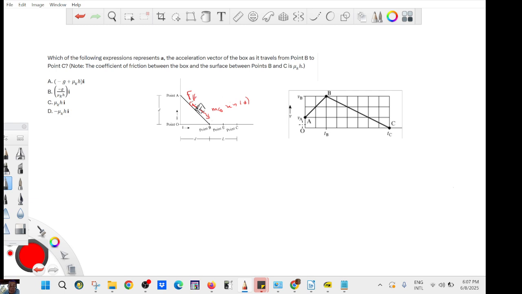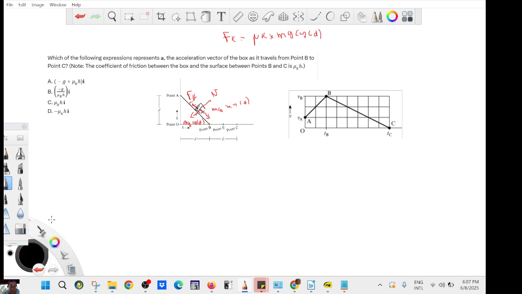And then you also have the mg cosine, and that will be balanced out by the normal force, right? So in that case, the kinetic friction is in magnitude the kinetic coefficient times the normal force, which is mg cosine.